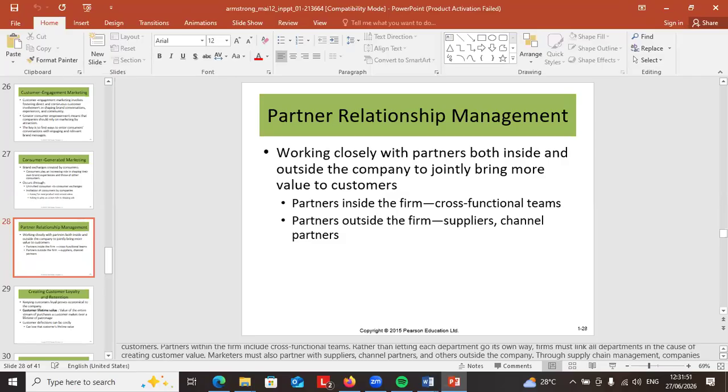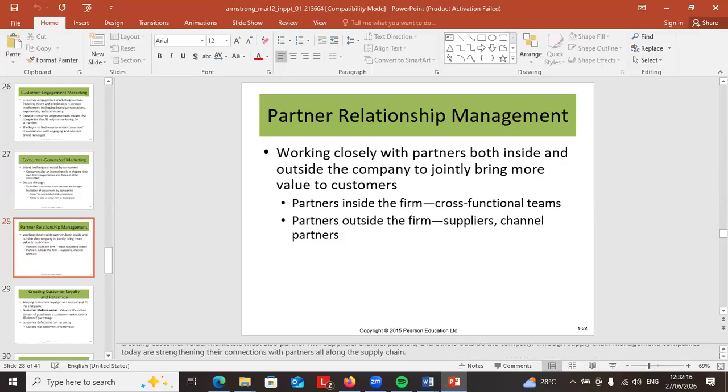Consequently, rather than letting each department go its own way, firms must link all departments in the course of creating customer value. And so marketers must also partner with suppliers, channel partners, and others outside the company. And through supply chain management, companies today are strengthening their connections with partners along the supply chain.